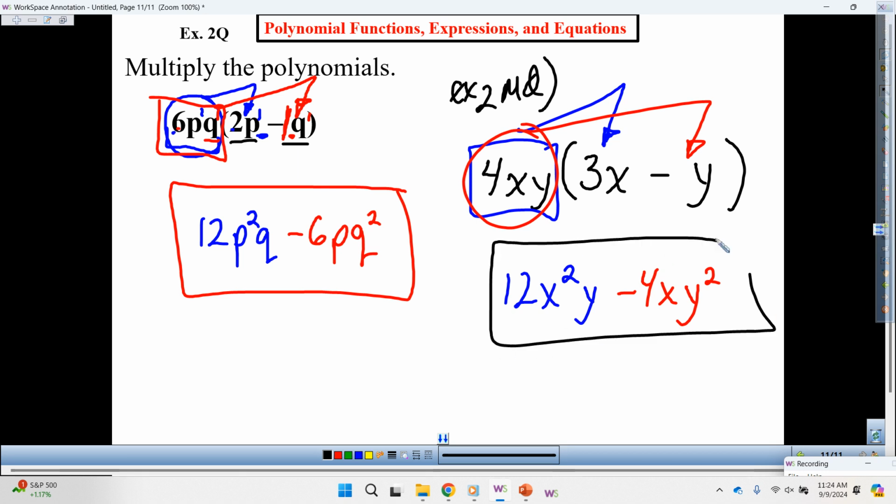Hands if you got that? That is correct. So, monomial times binomial. However, I introduced something called the what? The area model. Is that correct? Let's go. I love that.